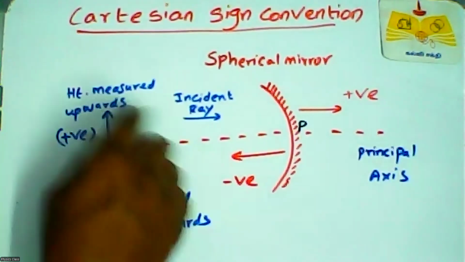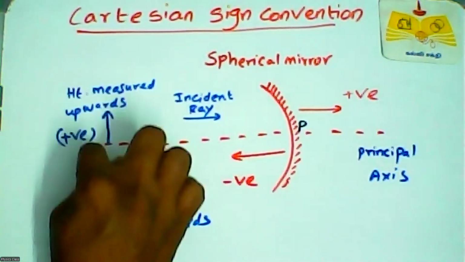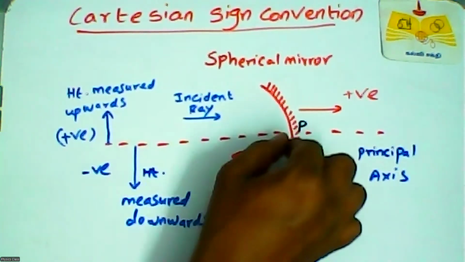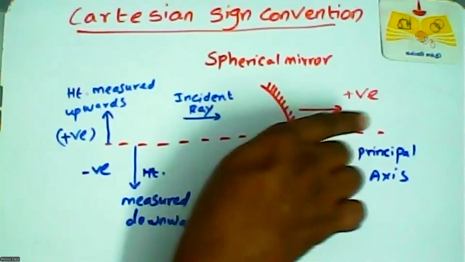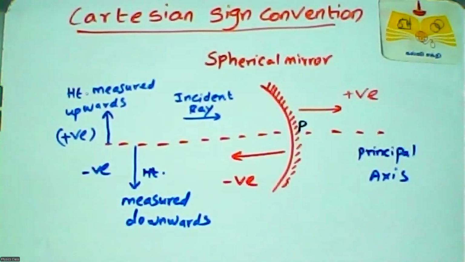The incident ray is coming from this object. We need to measure the object distance between the pole and that position, from this to this. The incident ray is passing against, so that is negative.